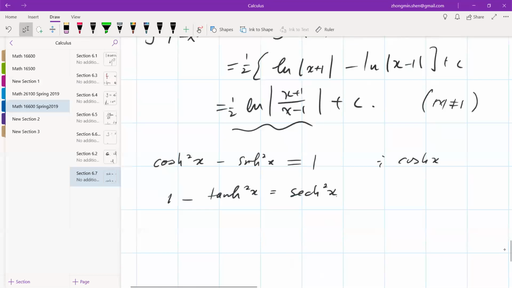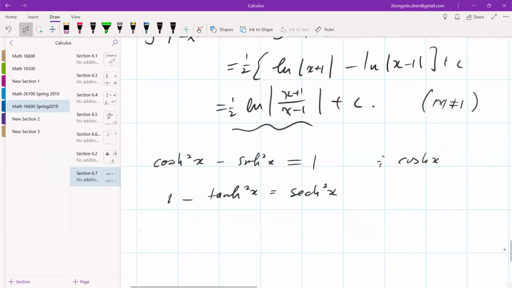Hyperbolic is in the opposite direction of the spheric. In geometry, when we say curvature equals 1, we will get a sphere. It's curved around, but a hyperbolic surface has a negative curvature. So this word hyperbolic shows up everywhere.